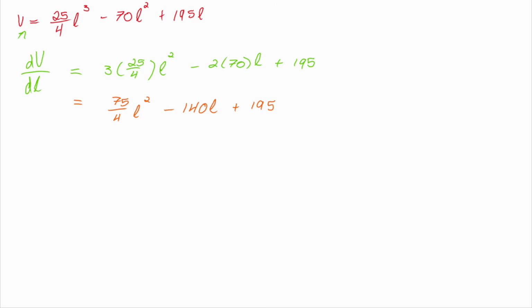And now we need to realize that for maximum volume, we have to set this equal to 0. So 75 over 4 L squared minus 140L plus 195 is equal to 0. Now we can use the calculator, because this is just a trinomial.